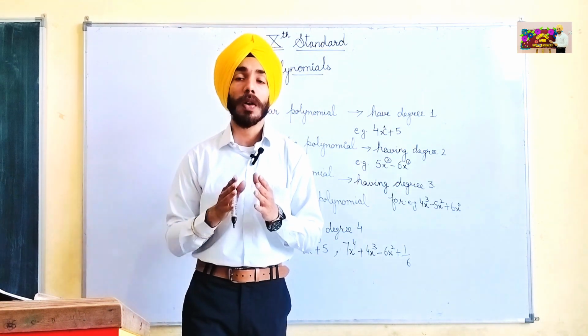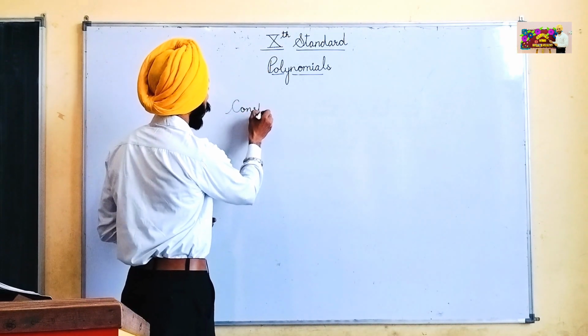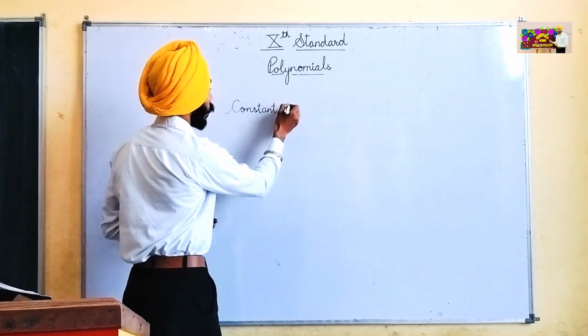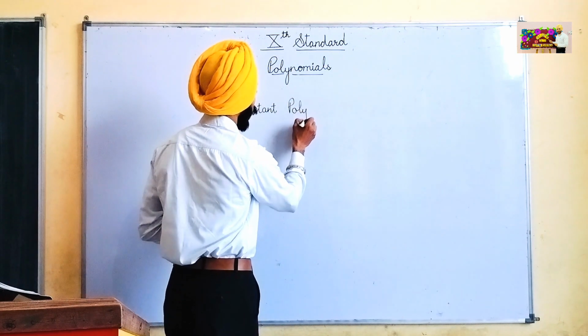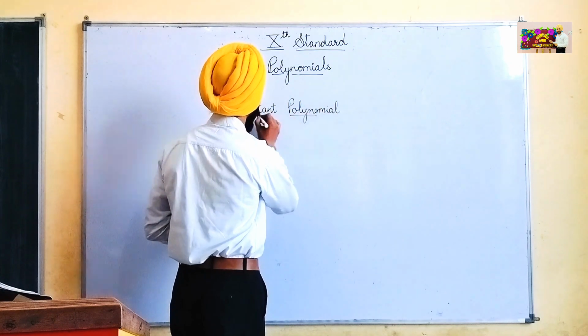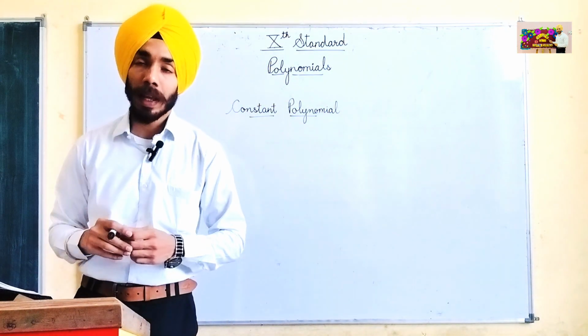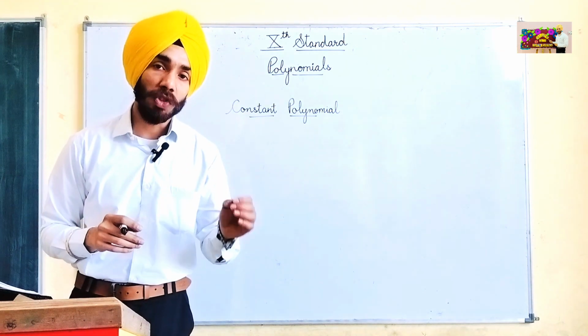And last is constant polynomial. Constant polynomial is that polynomial of degree 0.